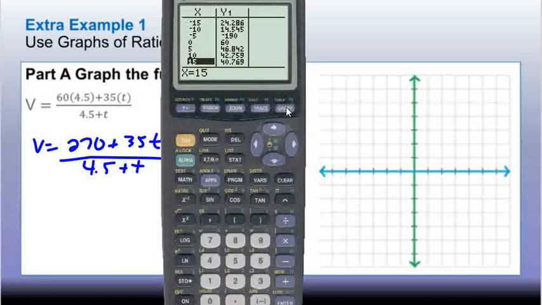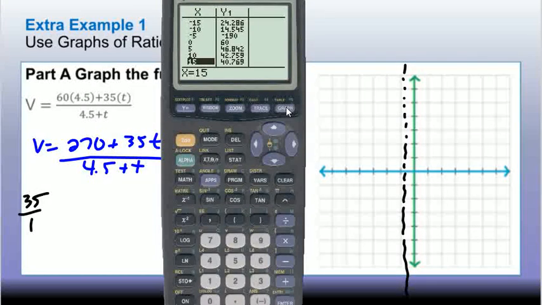So if we're counting by fives, this would be roughly here. And if I look at it, I have a t and a t, so this would be 35 over 1. So I would have a horizontal asymptote at 35. So I'm counting by tens, so it would be 10, 20, 30, 40, so 35 would be here.